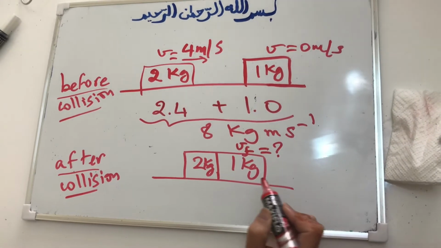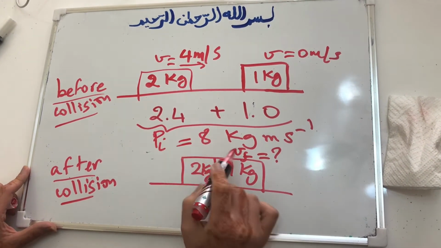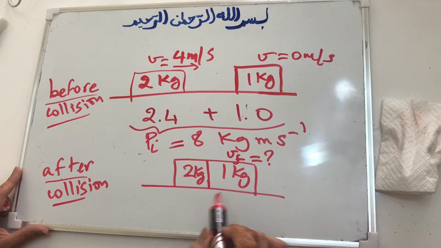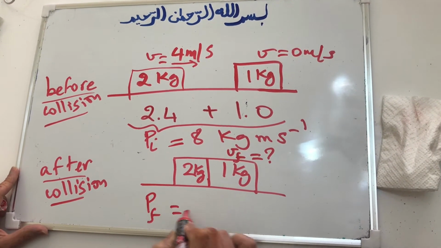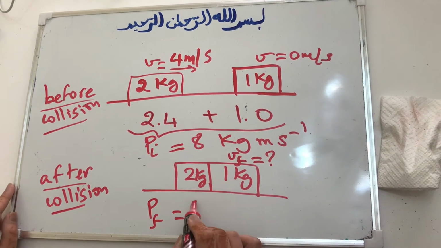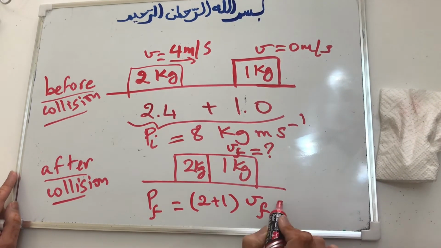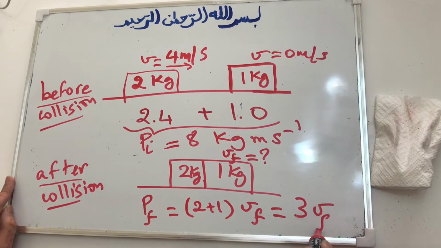The P initial is going to be 8 kilogram meter per second. The P final, I don't have 2 masses anymore, I have one whole mass, which is 2 plus 1, that is 3, times v final. So I have 3 v final.